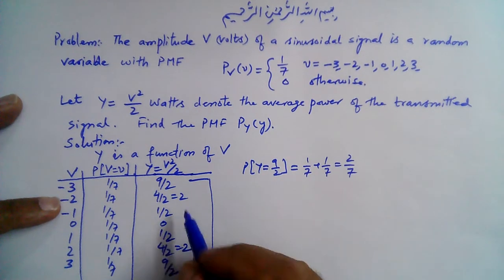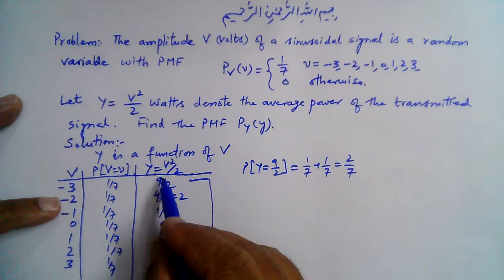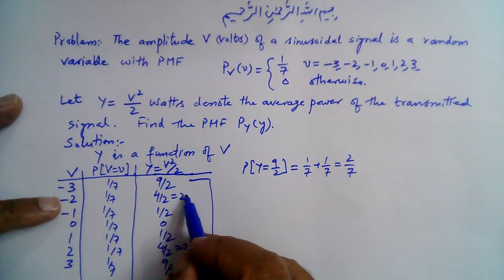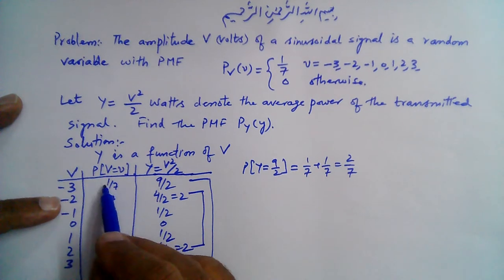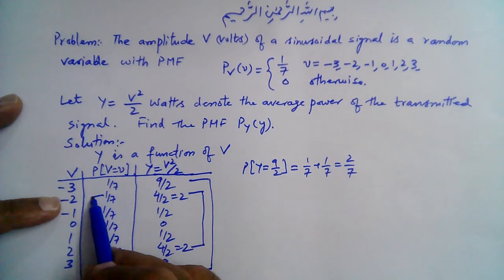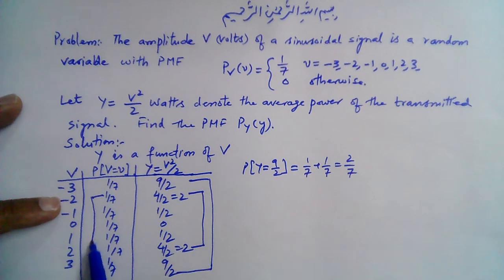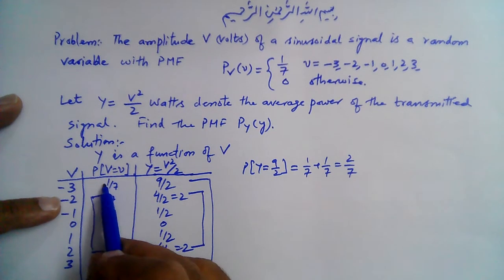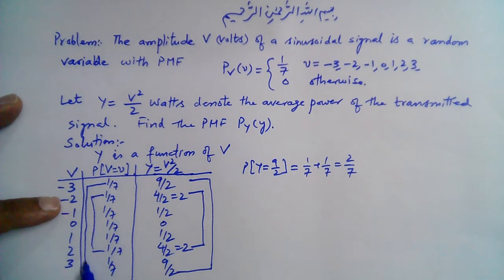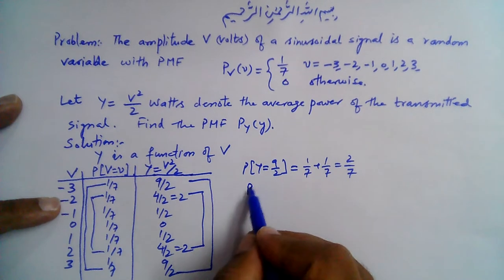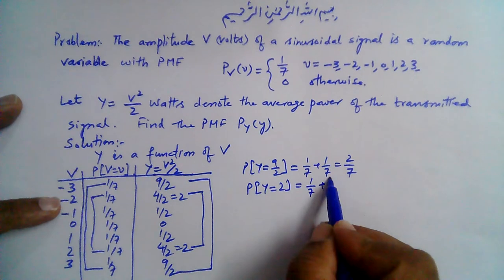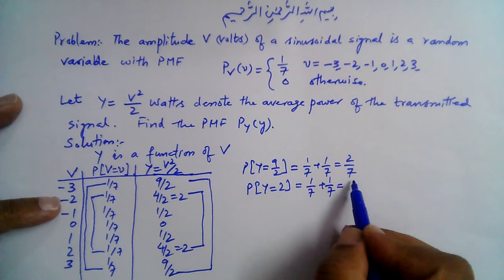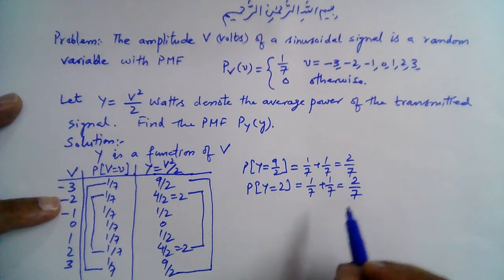Now the other value that Y can take on is 2. So it is 2 here and it is 2 here. We need to add these two probabilities together, just as earlier we added these two probabilities together. So the probability that Y is equal to 2 is again 1 over 7 plus 1 over 7, which is 2 over 7.